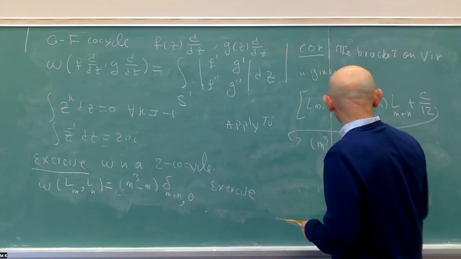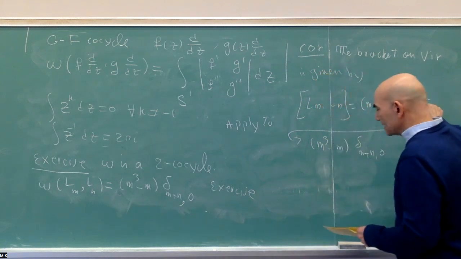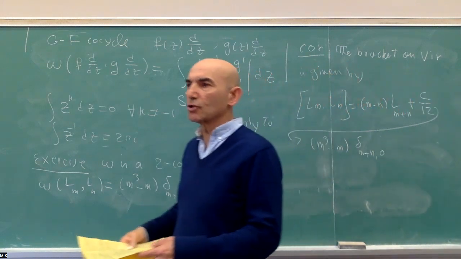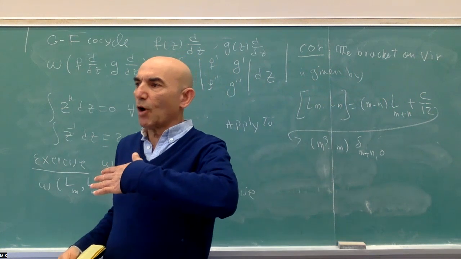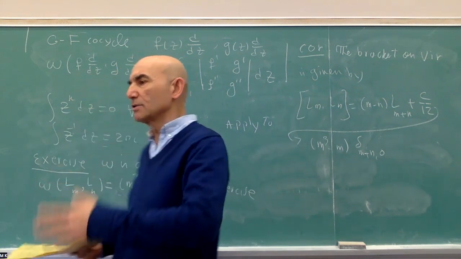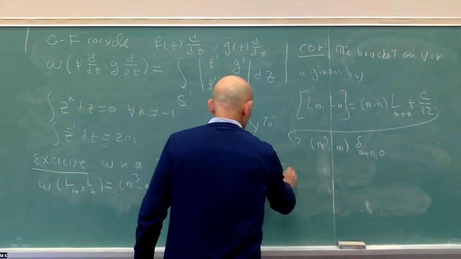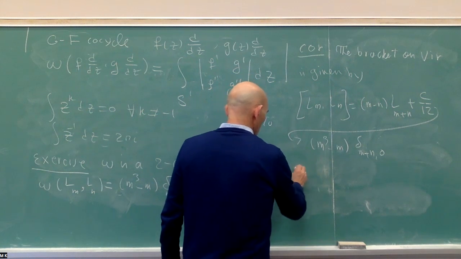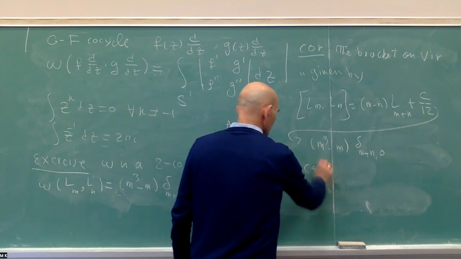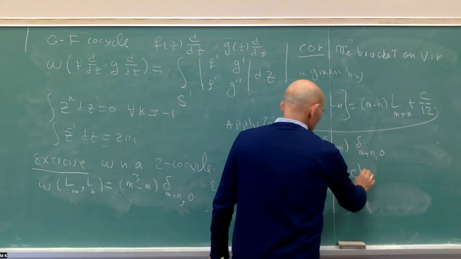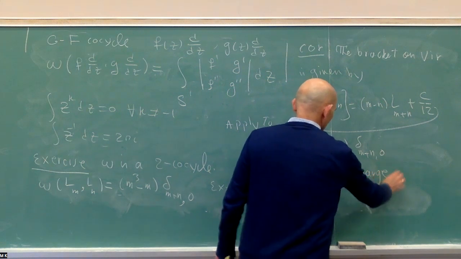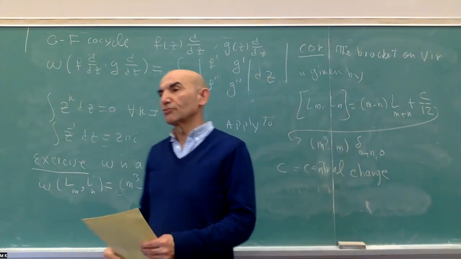Let's see. Now, I have to explain. The C, as we agreed, is just a constant because this is up to a scale, nothing changes, right? So C is a central element. It's called central charge. Now, why is it called central charge?